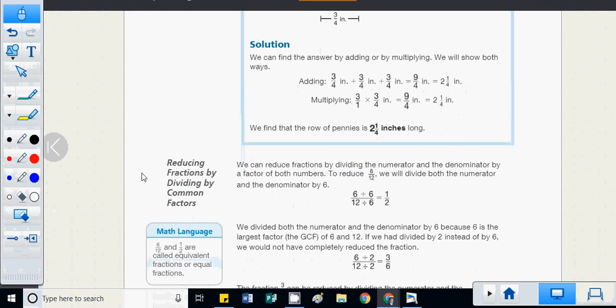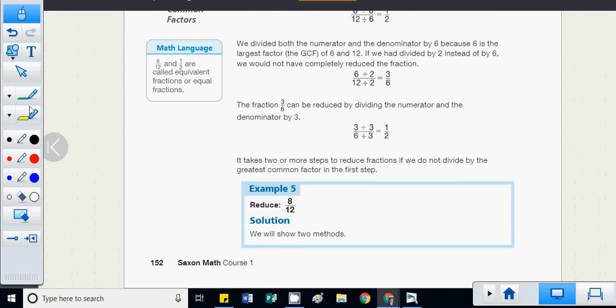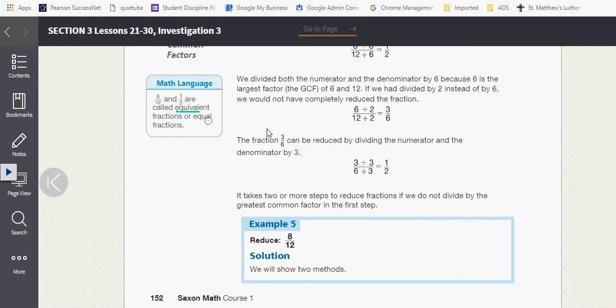Rewind and rewatch that if you're unsure what I just did. 6/12 and a half are considered equivalent, meaning they are worth the same value. We divide both numerator and denominator by a GCF, and we pick 6 because 2 or 3 would have taken too long. We would have had to do it again by 3 to finally get to that half. So GCF saves us that time.